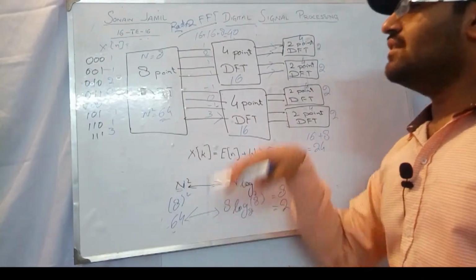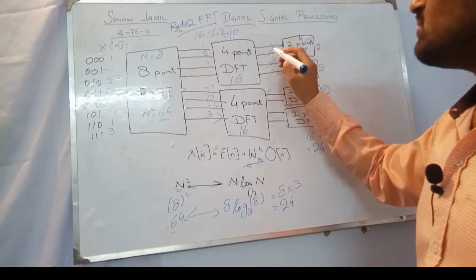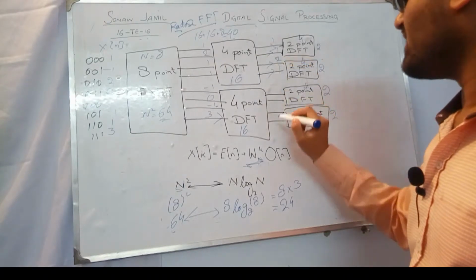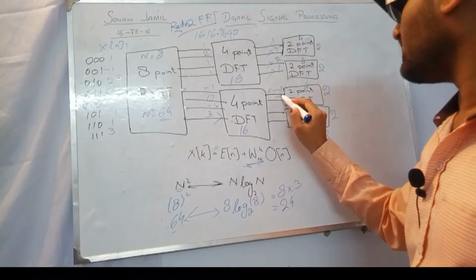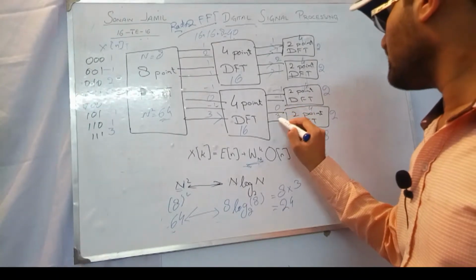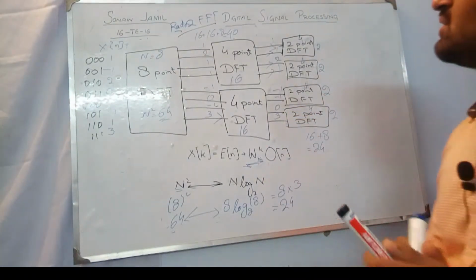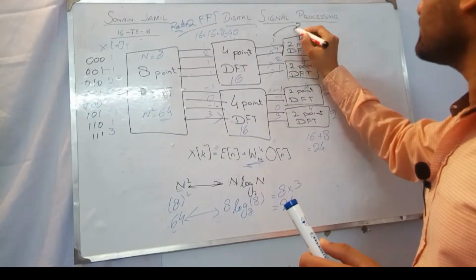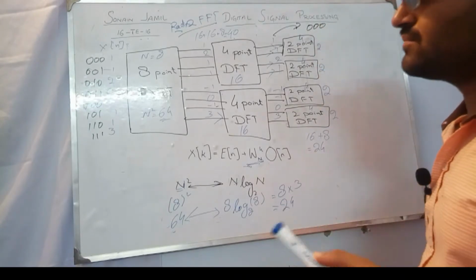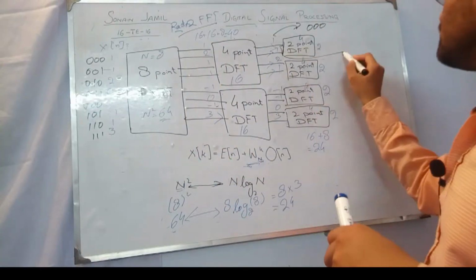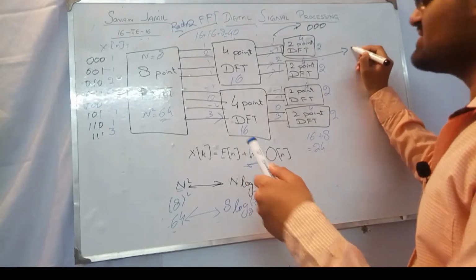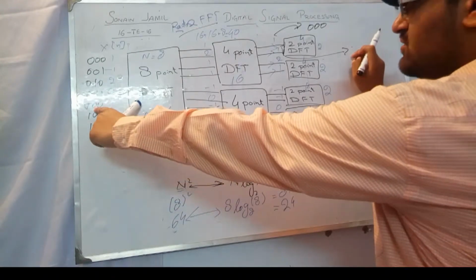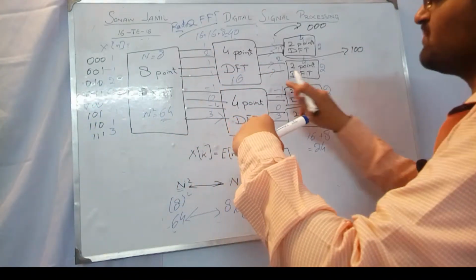Now in this case, if we further divide into even outputs 1, 1, 2, 1, minus 1, minus 1, 0, 3. What you observe from this? This is 0, 0, 0, just the first case. This one is, what is this? This one, 1, 0, 0.